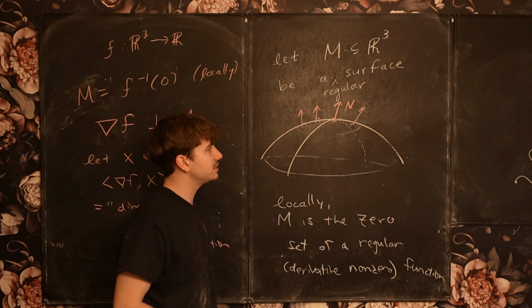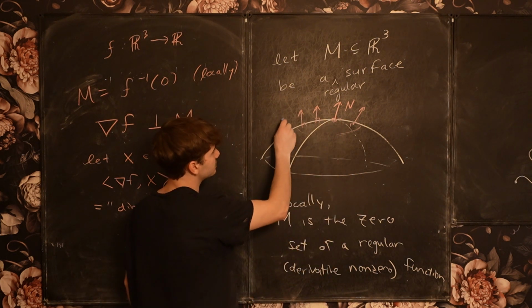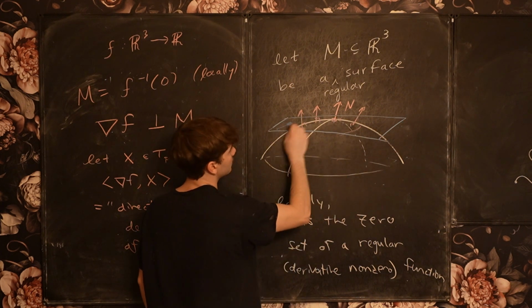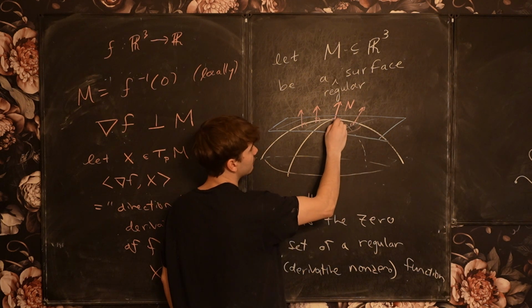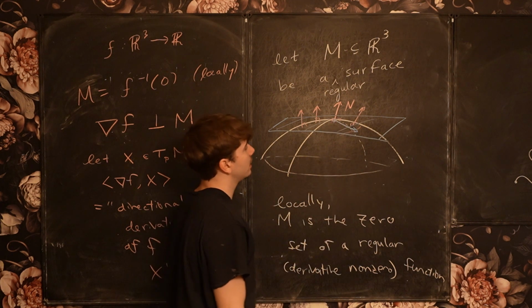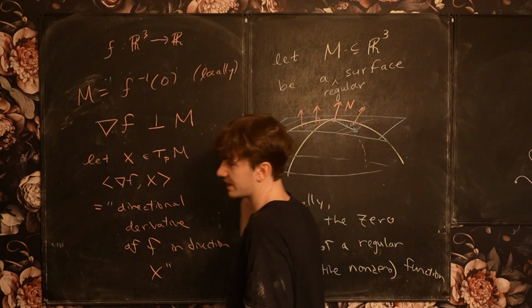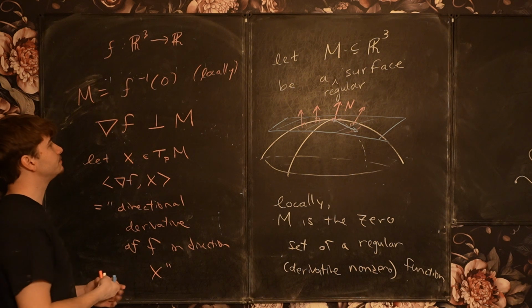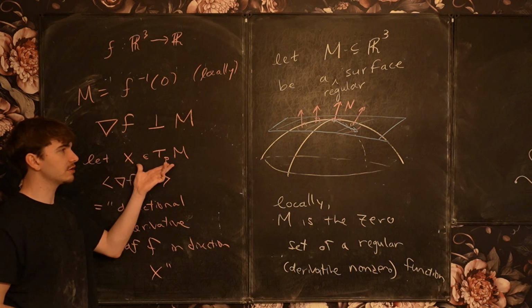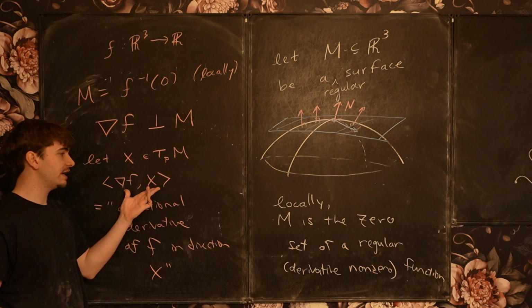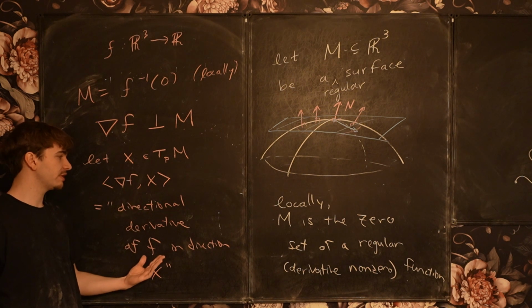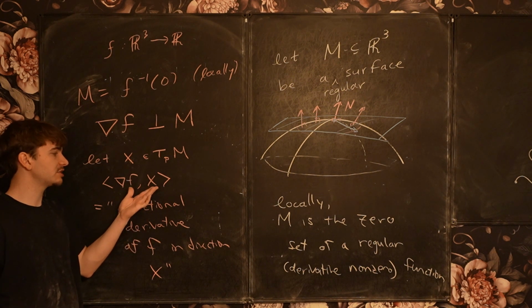Okay, so we have a notion of a tangent plane to the surface. And if I take a vector on the tangent plane, then the tangent plane is actually going to be defined by this equation. The inner product of that vector with the gradient of f is by definition the directional derivative of f in the direction x.